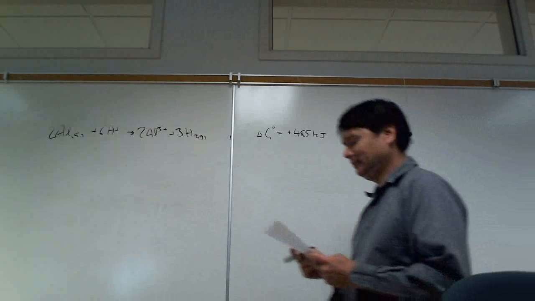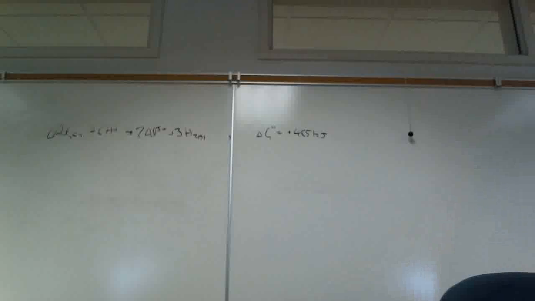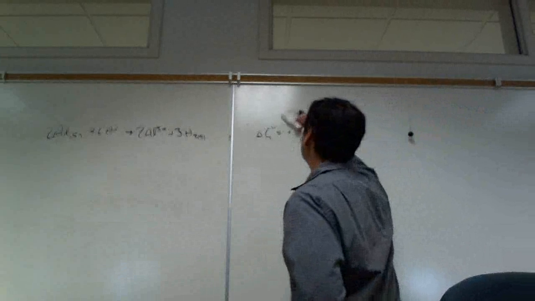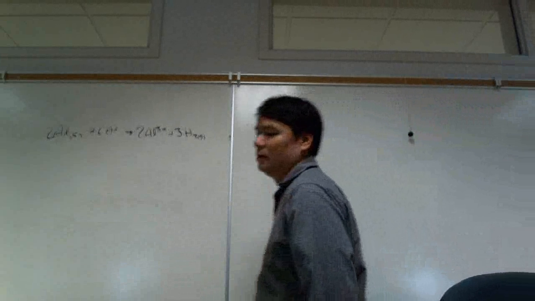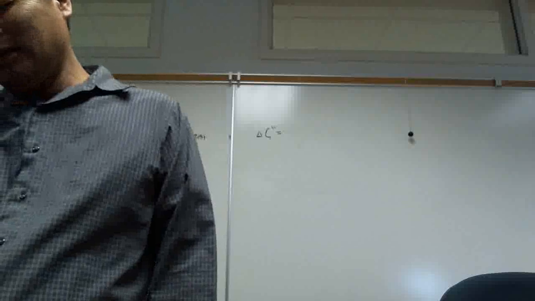Okay. Unfortunately, sorry. This has got to be a mistake. I think I didn't change something here. Let me just redo this one, because I think I fixed it on the board, and I forgot to update the file.